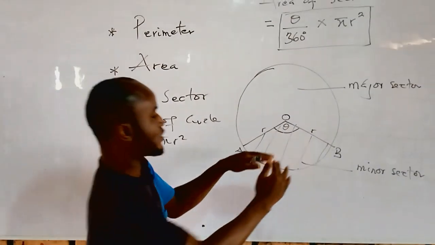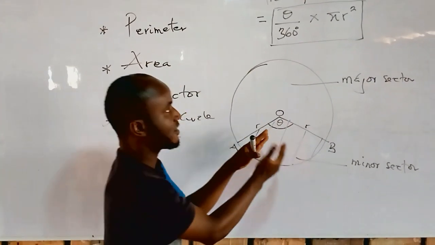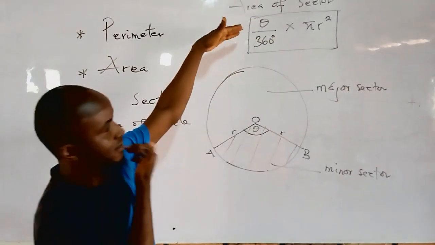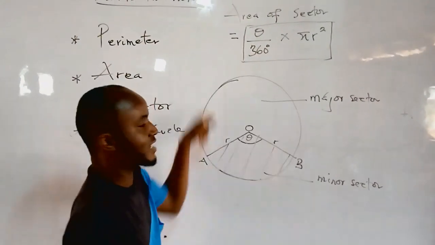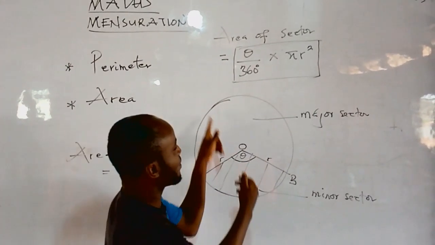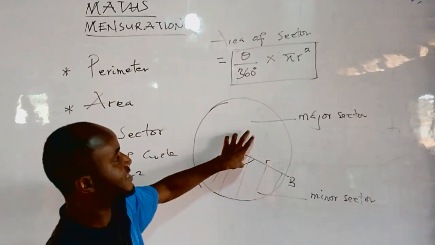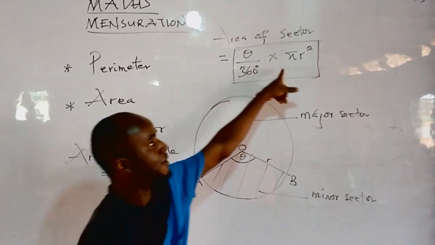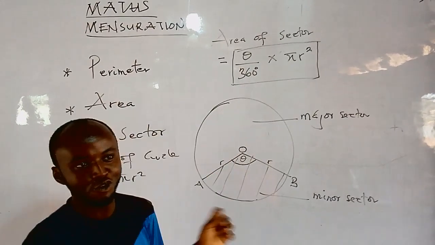But since we are looking at only a sector of that circle, that's why we are multiplying the pi r squared by this fraction. The 360 degrees is the total angle in a circle. Since they are meeting at a common point, we know that angles at a point is 360 degrees. So the theta divided by that angle multiplied by pi r squared. So please take notes.